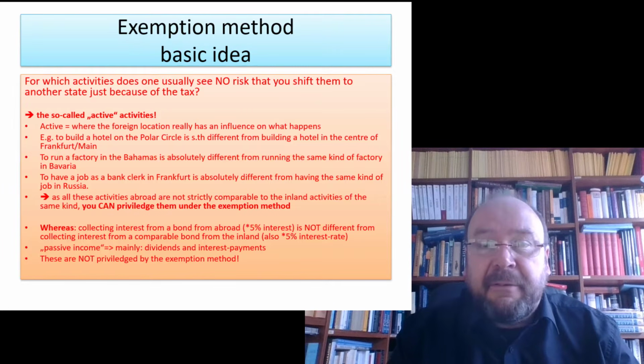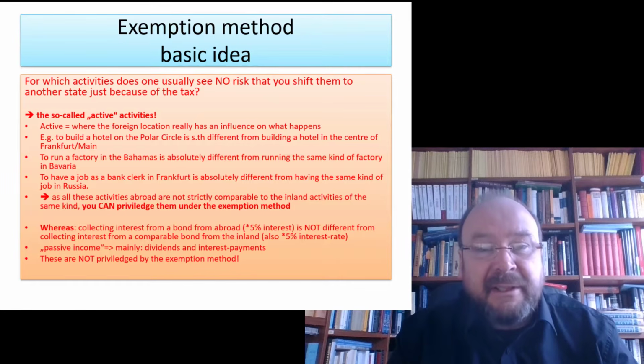So wherever the foreign location has a strong, or at least a material influence on the gross profit, you can say that the two investment locations are not comparable, and you can conclude that somebody who sets up a hotel building at the North Pole will have genuine economic motives for that, and not only taxation.